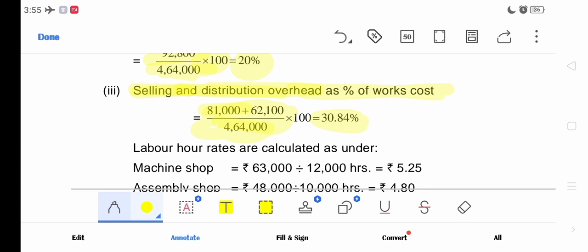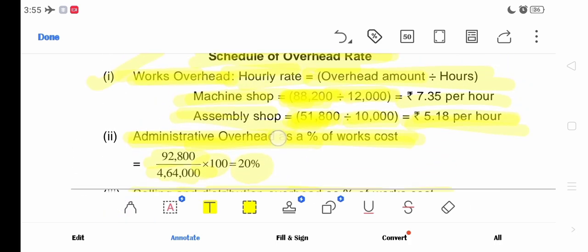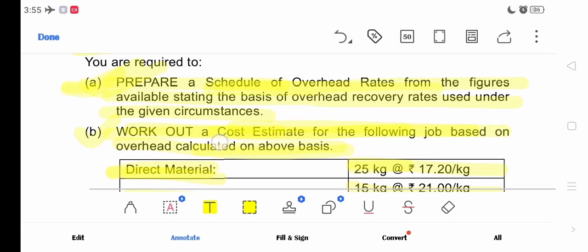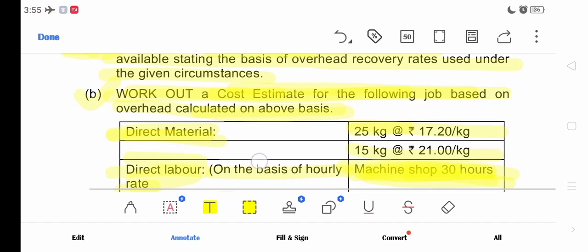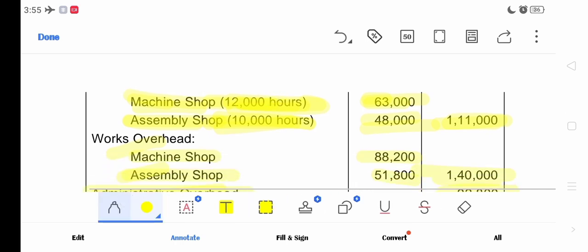30.84 percentage. Okay, now labor hour rates are calculated. How are labor hours calculated? He has given here. Yes, let me go to the question. Where is this? Yes, here it is. While calculating direct wages, there are these two things, machine shop and assembly shop.